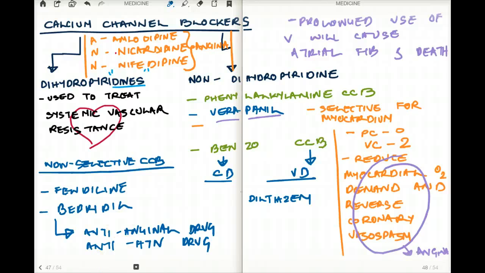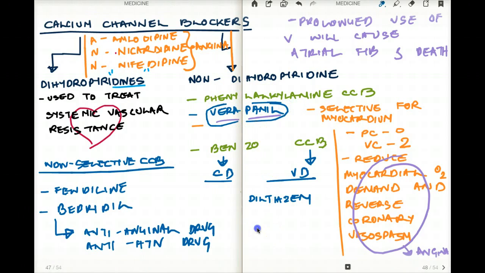Okay, so let's wrap this up. A general point that I want to mention is that the non-dihydropyridines, specifically phenylalkylamines such as verapamil, and beta blockers should never ever be used together. Why? Tell me why verapamil and beta blockers should never be prescribed together.